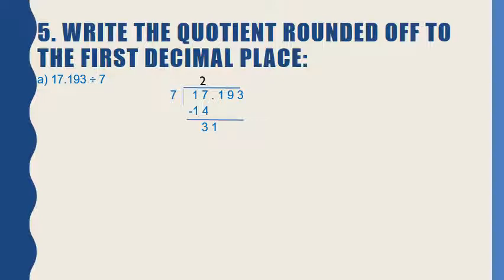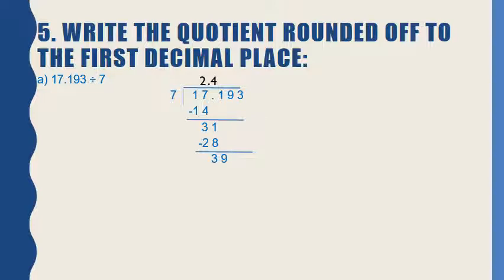And now we have to divide 31 by 7. So 7 fours are 28. Therefore we will write 28 below 31, and then we will subtract 28 from 31. What do we get? We get 3. And now we will carry down 9. It will become 39.